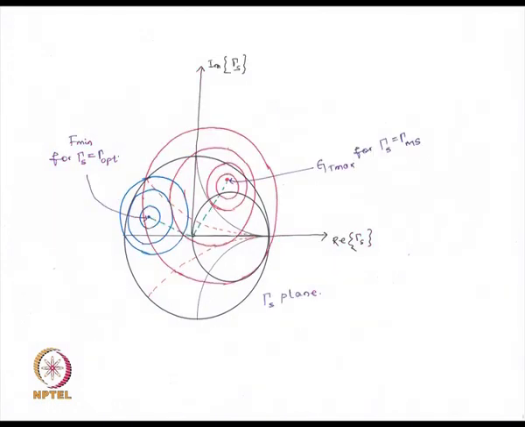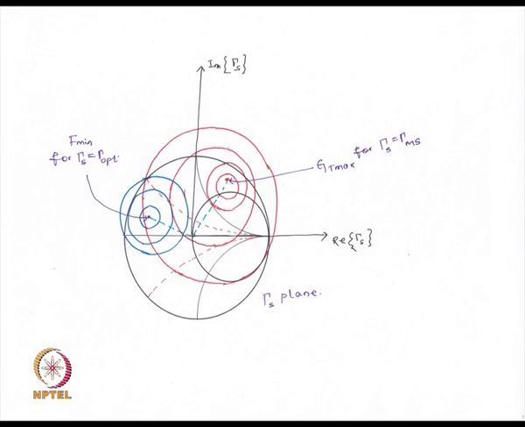So as I was saying, this is the gamma S plane, and we can draw the available power gain circles. Now we know that the centers of the available power gain circles lie on the line joining the origin with CA, and for gamma S equal to gamma MS, that is the bilateral solution of the transducer gain, we get GA equal to GA max equal to GT max, and at that point the radius of these available power gain circles is 0.